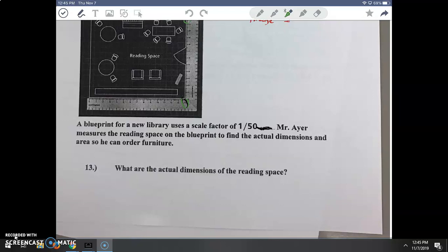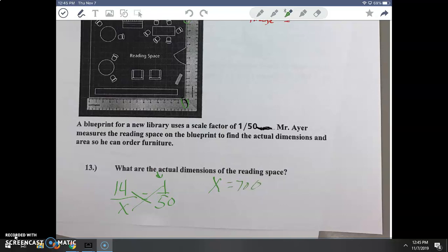So we'd have 14 over x is equal to 1 over 50. Take your scale factor, then we cross multiply. So x is equal to 14 times 50, which equals 700.